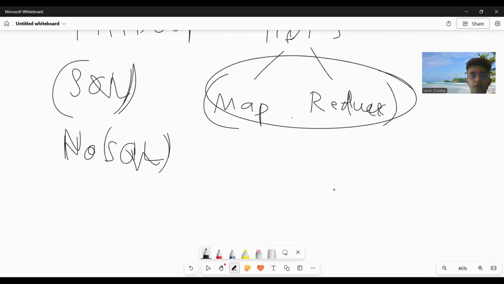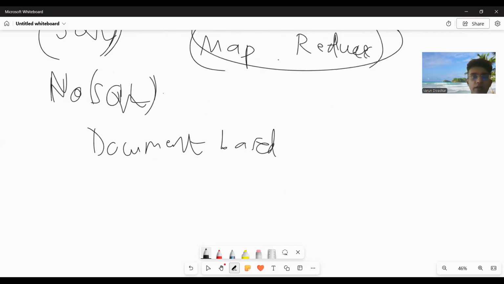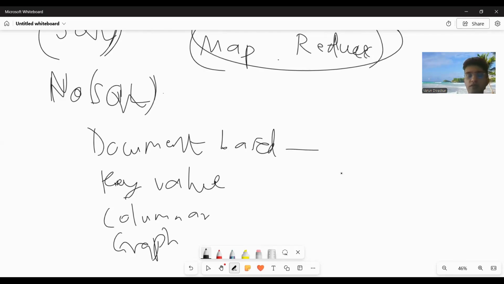This gives rise to different kinds of database setups: a document-based database, a key value-based database, a column-based or columnar database, and a graph database. The typical examples of these are: document-based is MongoDB.